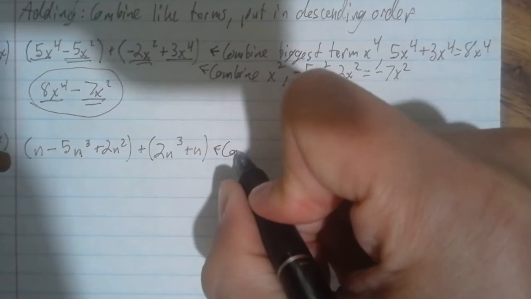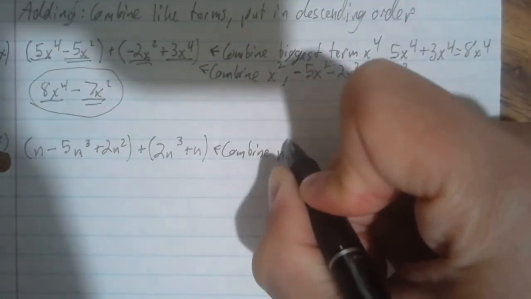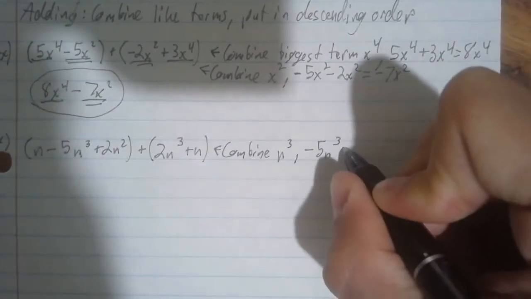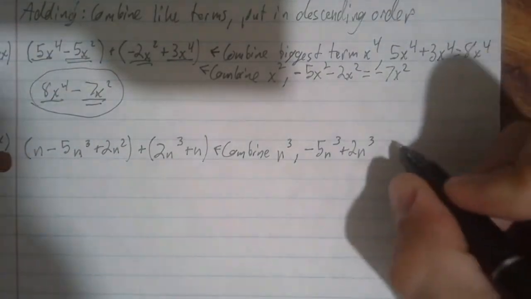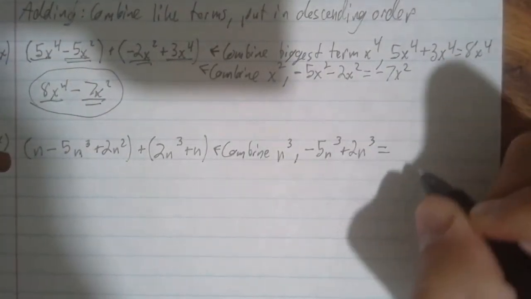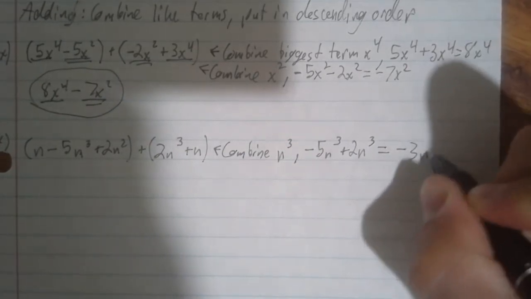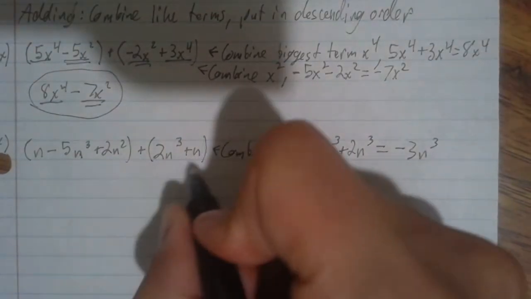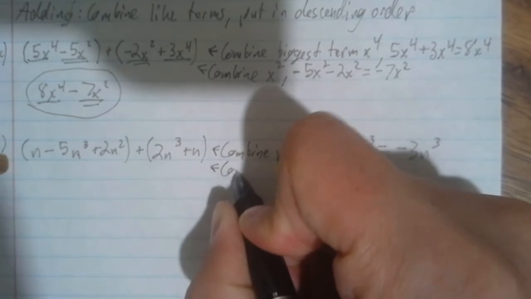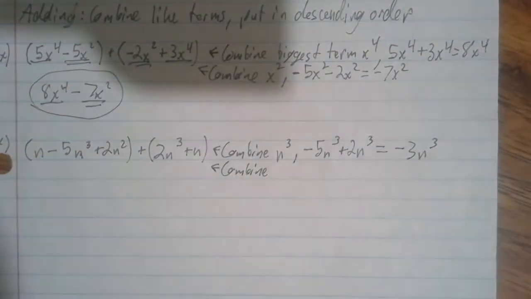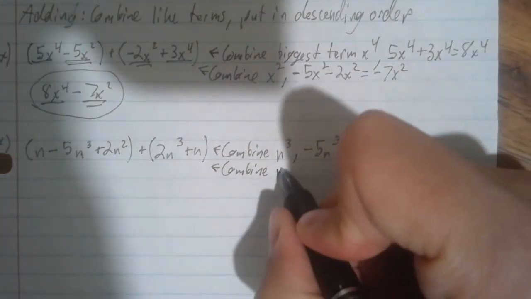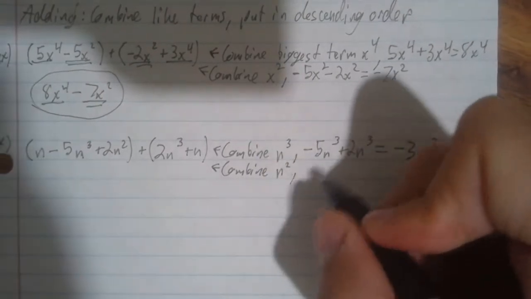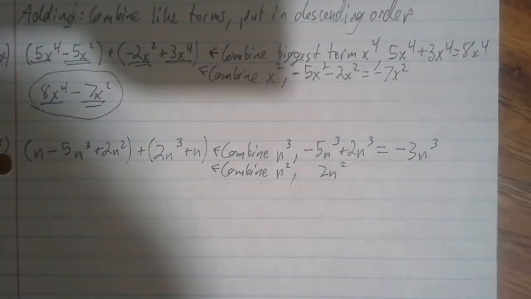So the first thing we need to do is combine our n to the third. So that would be negative 5n to the third and a positive 2n to the third, giving us a negative 3n to the third. Then we are going to combine our next biggest n, so n to the second. However, we only have one n to the second, so it's just 2n to the second.